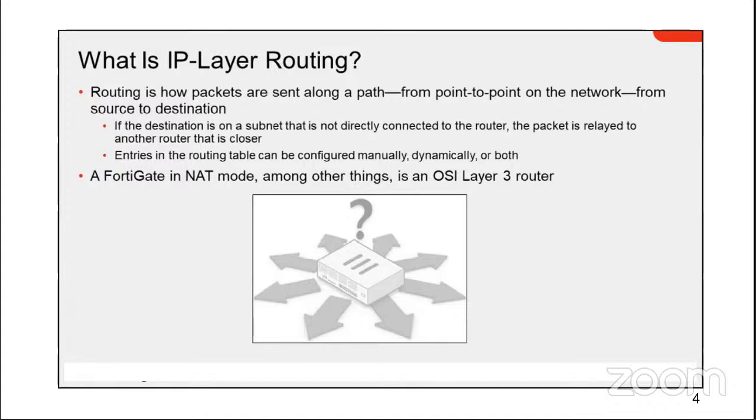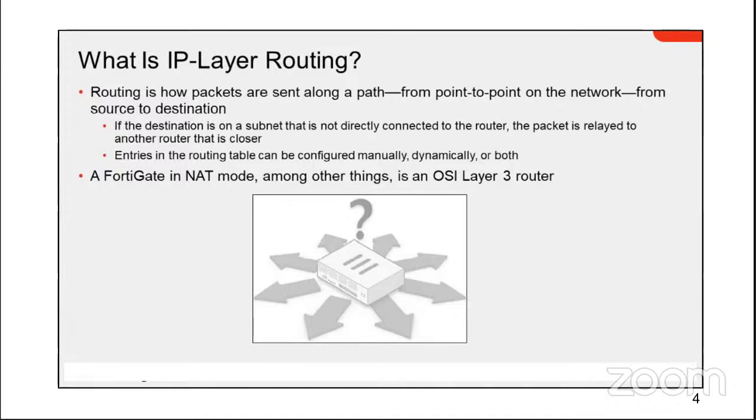Now each rule specifies the next hop, which may or may not be the final destination of the packet. Now each routing hop in the routing path requires a routing table lookup to pass the packet along until it reaches the final destination.